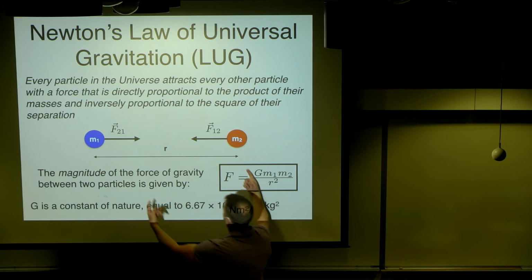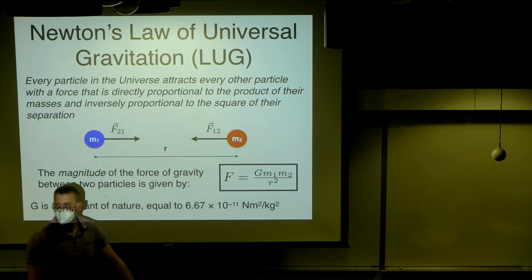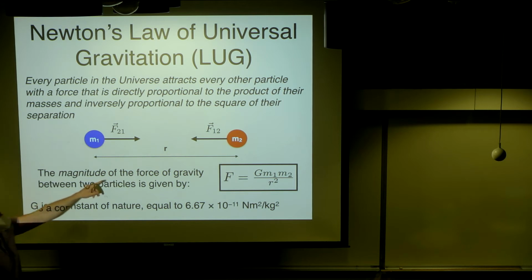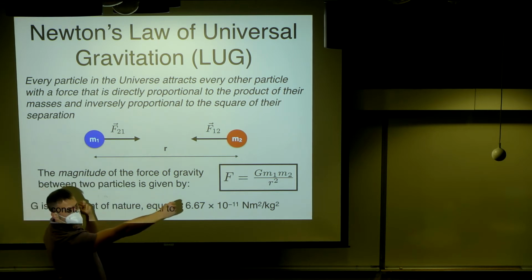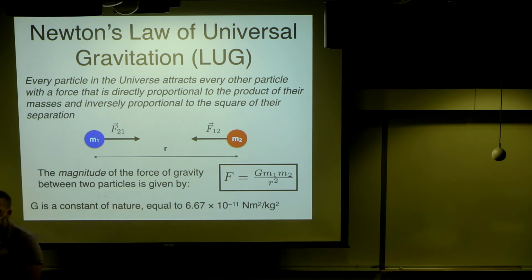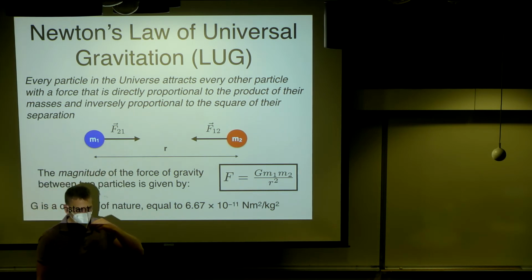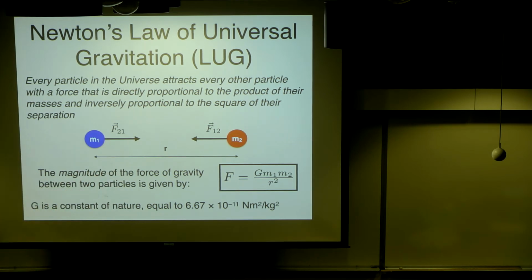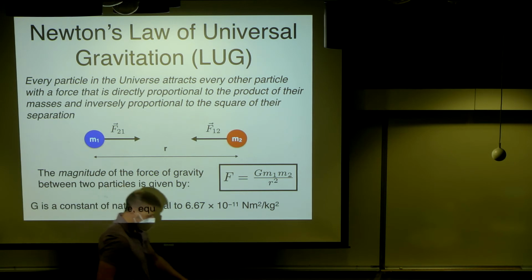R is their separation. That's just how far apart the two objects are. And remember, what we've already shown is the further apart two objects are, the weaker the attraction is going to be. The closer they are, the stronger the attraction is going to be. And then of course M1 and M2 are their masses. So here is how we denote the magnitude of the force of gravity between any two objects.